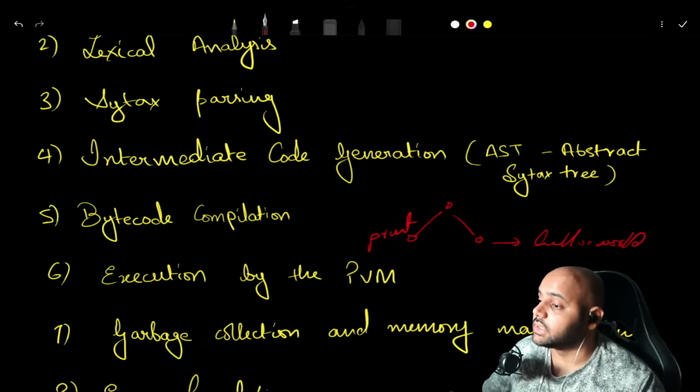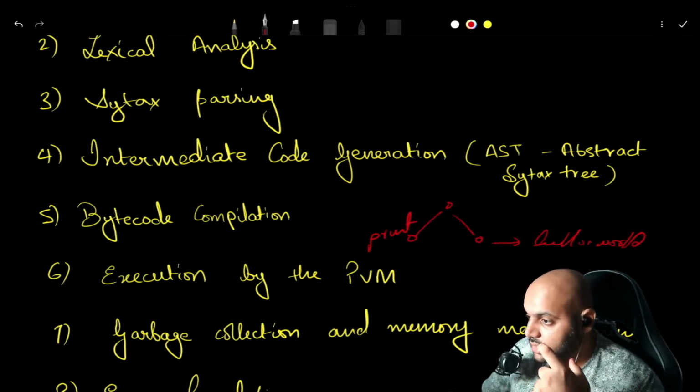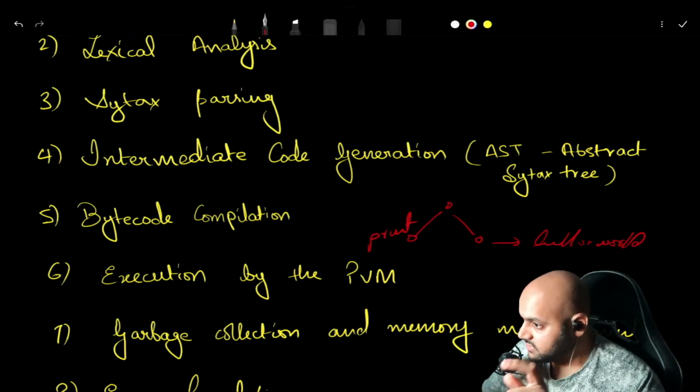Next comes the bytecode compilation. After creating that AST, the abstract syntax tree, Python translates that code into bytecode. Now, bytecode is an intermediate low-level representation of that code. Remember, I showed you that PYC file.